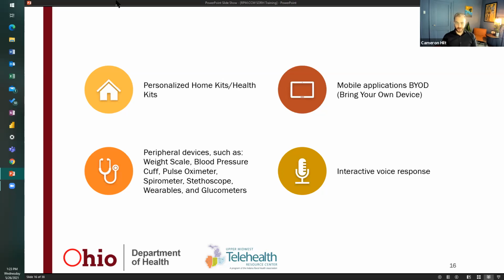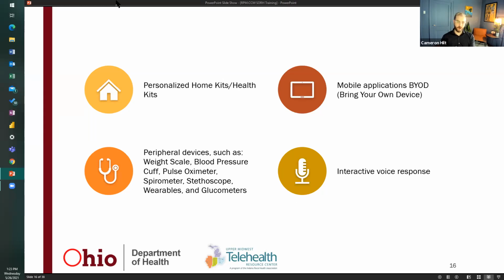Now, when it comes to the delivery of RPM services, it can really be done in a variety of different ways, and it depends on what patient population you're treating, as well as the delivery model that makes the most sense for you. So the first is a personalized home kit or a health kit. Essentially, that is just a kit that gets sent home with a patient that comes with a tablet, as well as some of those peripheral devices that I have listed below, which would be a weight scale, blood pressure cuff, pulse oximeter, etc. And those are catered towards the specific program that patient is enrolled in.